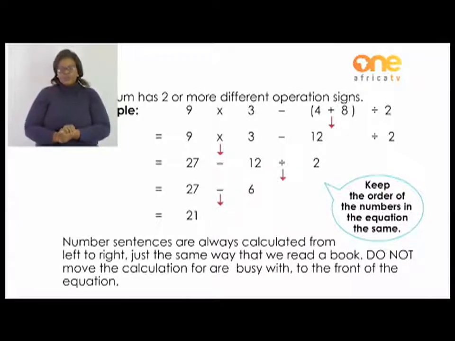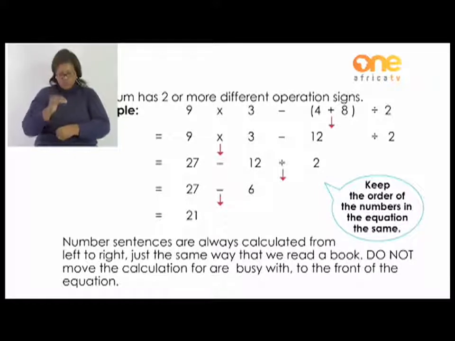What is the first operation that we'll do? According to BODMAS, we first find whether in the sum there are brackets. So the first operation we will do will be the operation in brackets. What do we have in brackets? 4 plus 8. So 4 plus 8 equals 12.